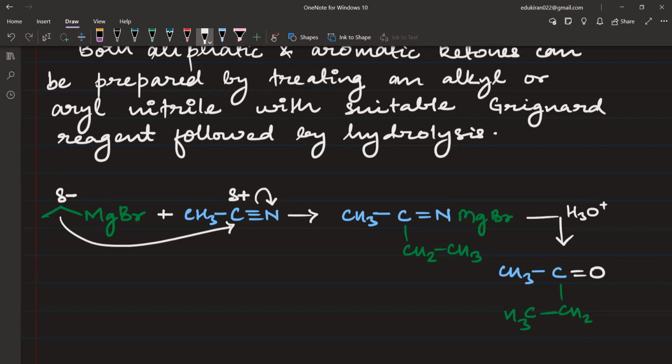The other two carbon atoms are coming from the Grignard reagent. This oxygen is coming from the water molecule. Okay, please write this down. We'll get some byproducts such as NH3 plus MgOHBr.